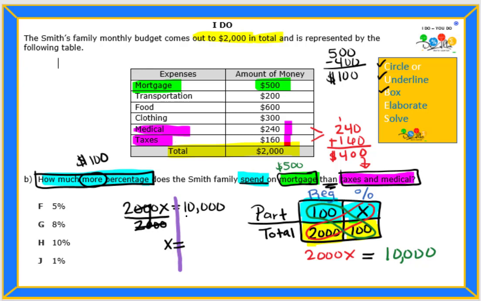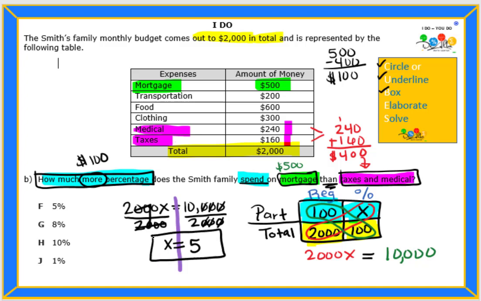So I'm going to divide 10,000 by 2,000. I can simplify both of these by dividing them by 1,000. If I divide 10,000 by 1,000, that's going to be 10. If I divide 2,000 by 1,000, that's going to be 2. And I'm left with something very simple to work with. 10 divided by 2 is 5.